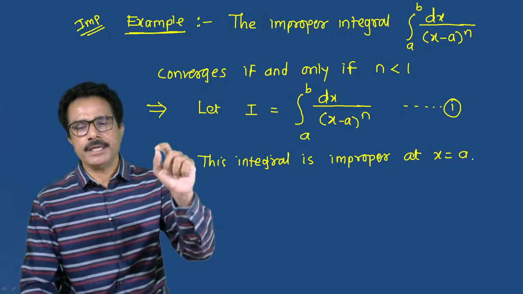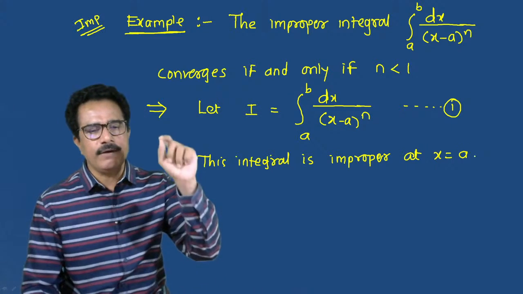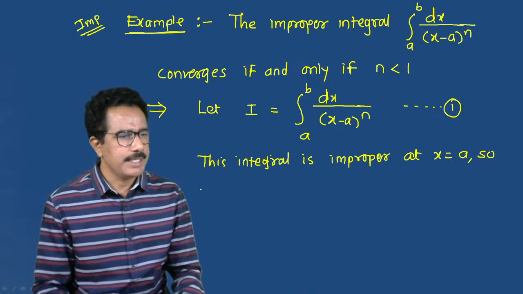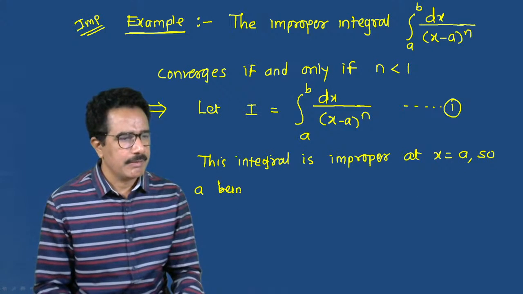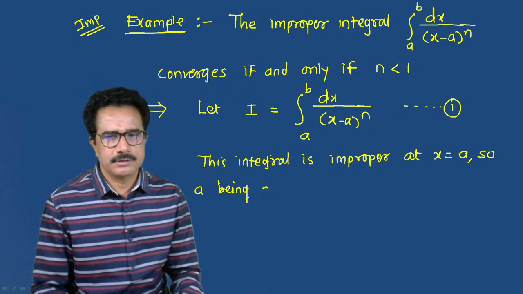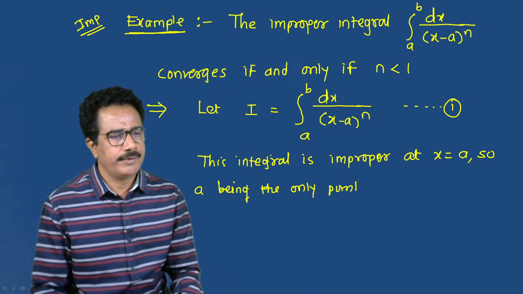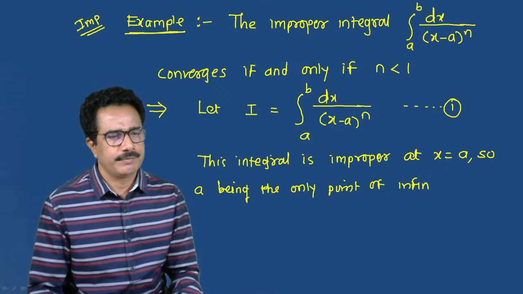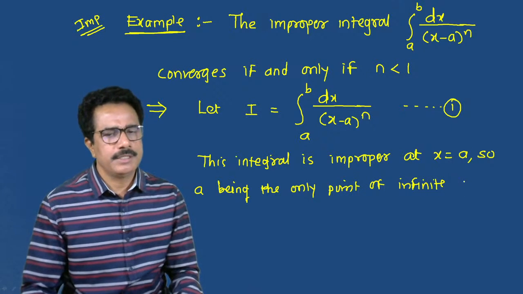So a is the only point of infinite discontinuity.